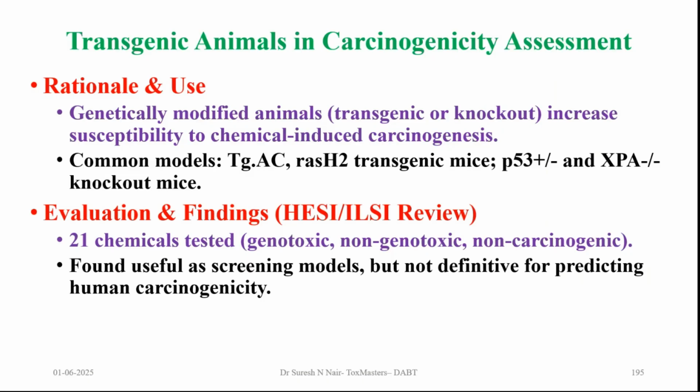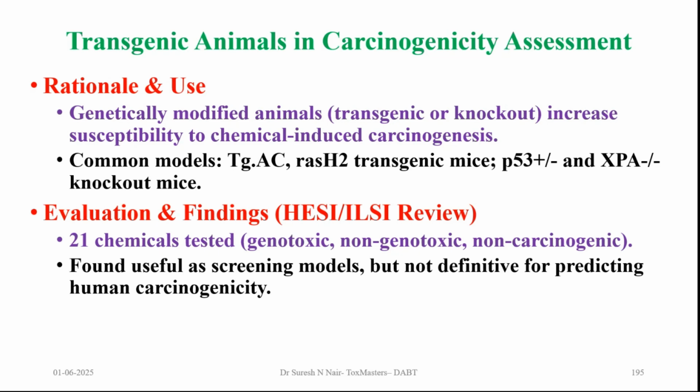Then transgenic animals in carcinogenic assessment. The rationale and use: the genetically modified animal increases susceptibility to chemical induced carcinogenesis. Okay, they are not actually the ones that have cancer, but their sensitivity to cancer is very high.